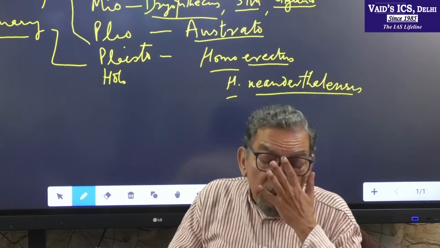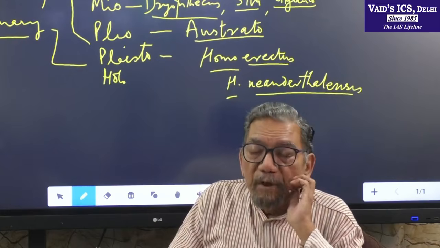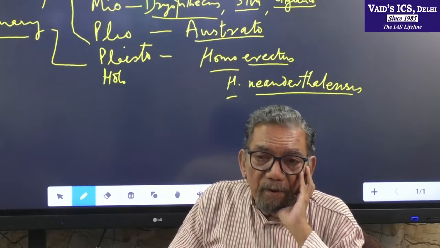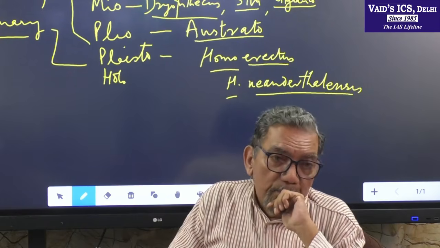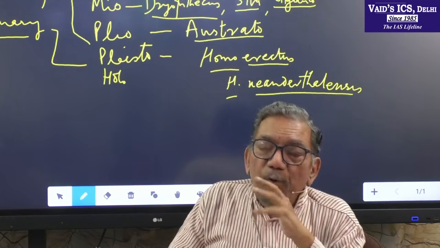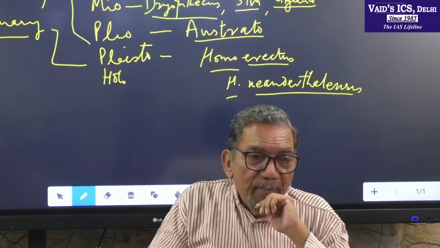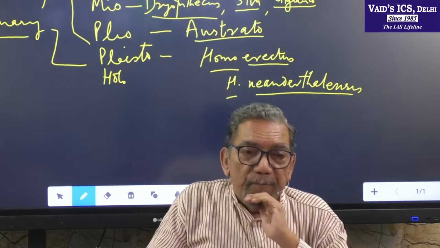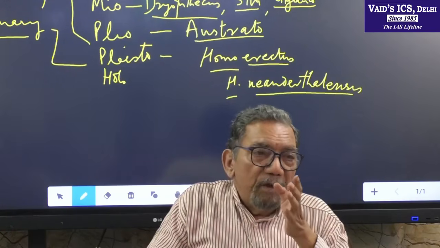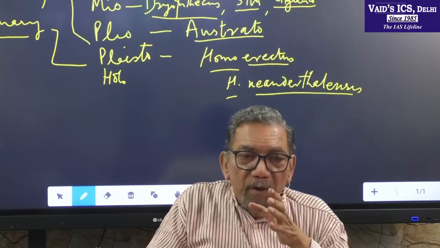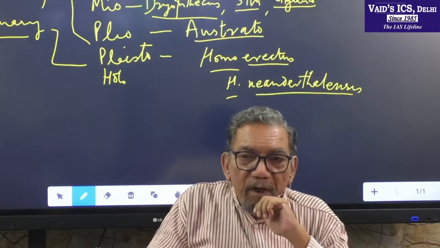Neanderthal is a place in Germany, previously West Germany, Dusseldorf. And here lived a man, his name was Newman. So Newman would sound English. So his friend used to chide him, you are Englishman, why don't you go to England? In world history, you will learn about the 100-year war between Germany and England.